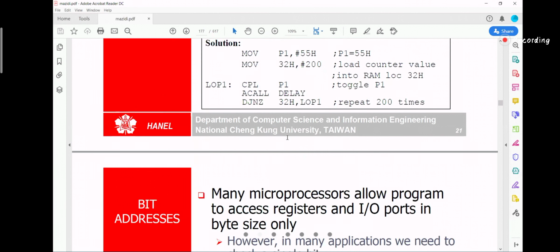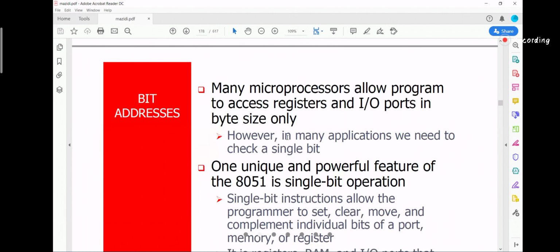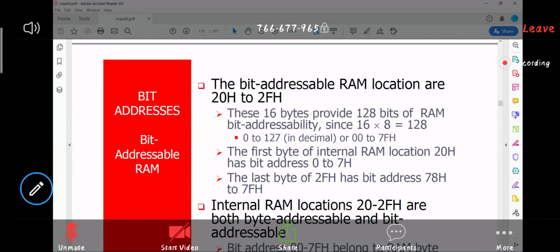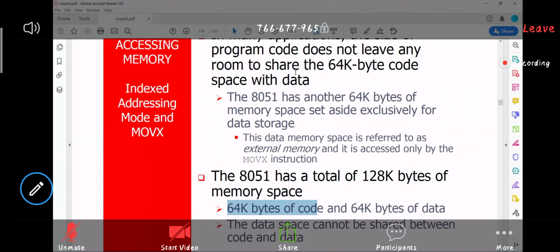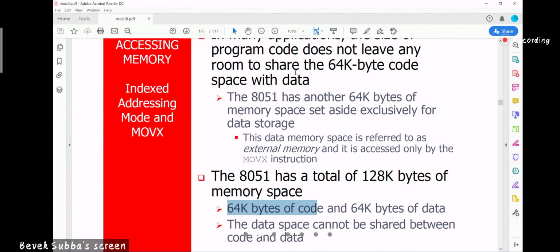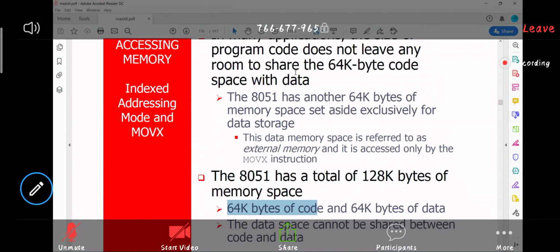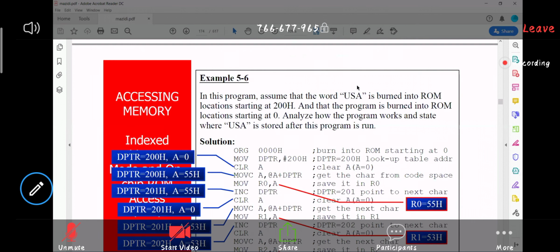I think this is it. Any doubt? Whatever we have done today, the basic part, we missed last time, so that's why I had to do this. Of course, we don't have time to do the programs one by one.